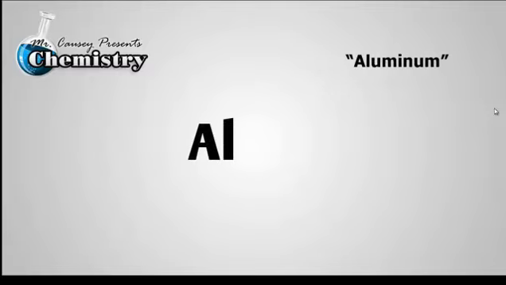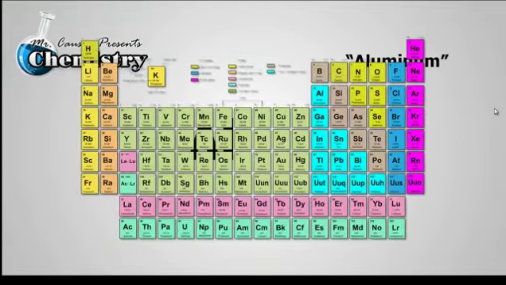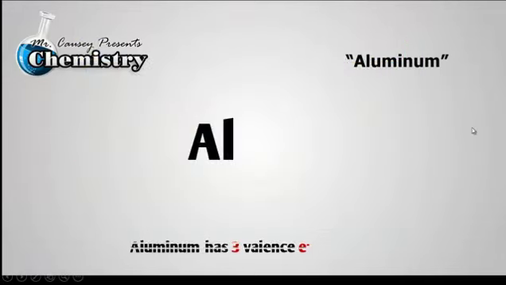Let's look at another one. Aluminum. Write down the symbol. Go to the periodic table. Find aluminum. There it is. It's number 13. And look: 1, 2, 3. That means it has 3 valence electrons. So let's put them down. 1, 2, 3.